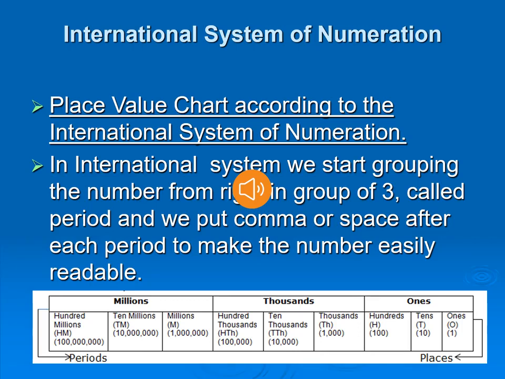In this, each family, that is period, has 3 members. Like the ones family has 3 members: ones, tens and hundreds. The thousands family has 3 members: thousand, 10,000 and 100,000s. And the millions family has 3 members: million, 10 millions and 100 millions. And this goes on like this only.